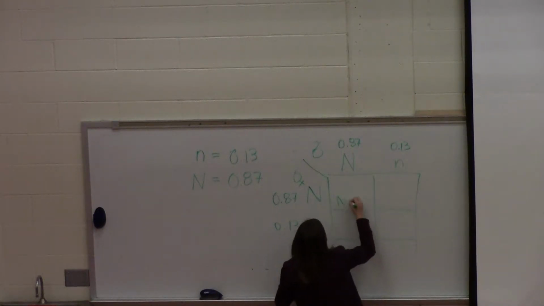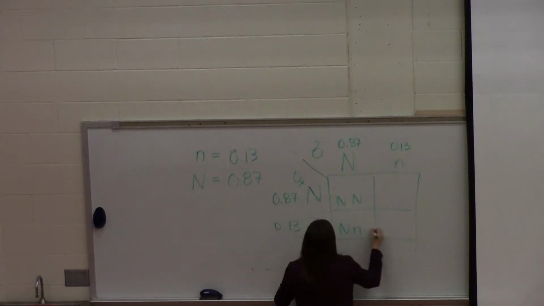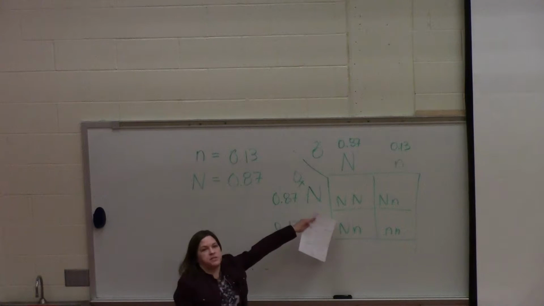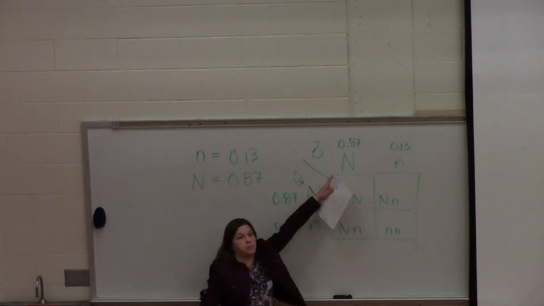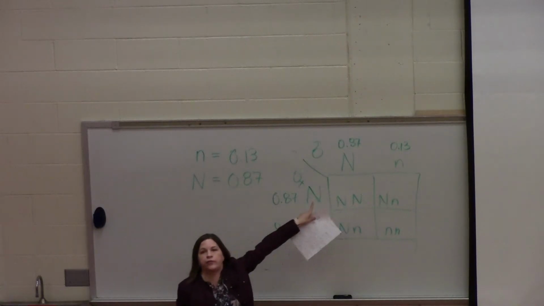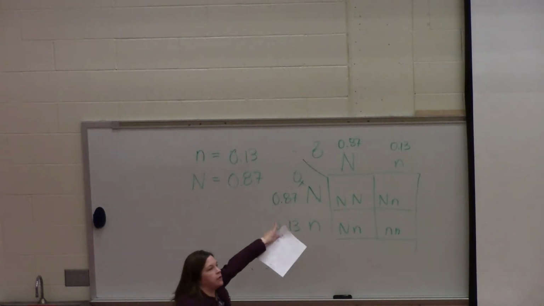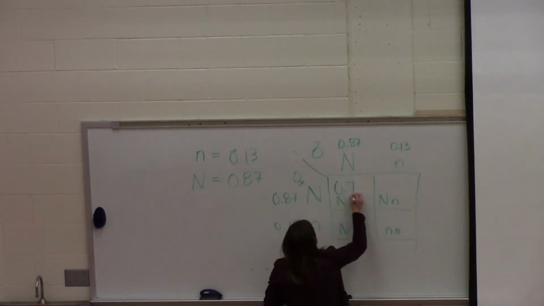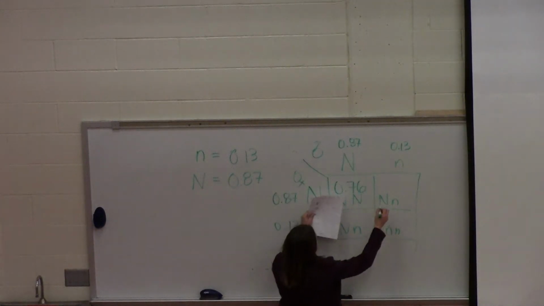And then I can fill out my table just like we've done way too many times, right? Except that when I multiply my gametes, my alleles together from the male and the female, I also have to use their frequency to figure out what the expected frequency is going to be of each of those genotypes in the progeny.